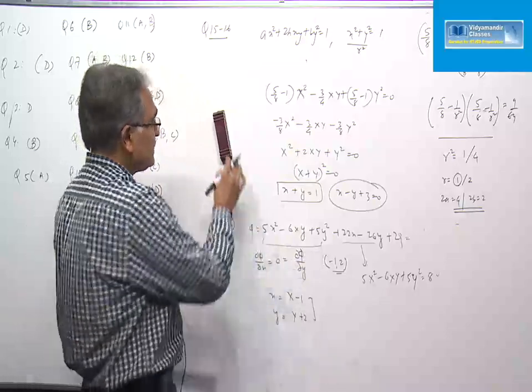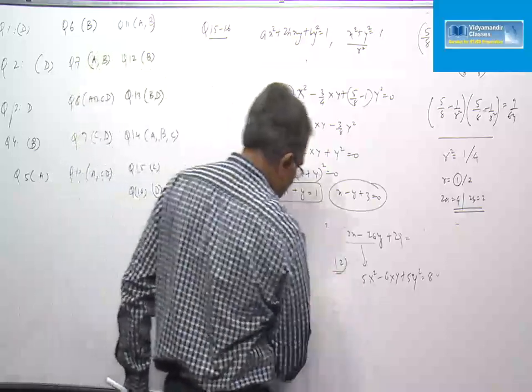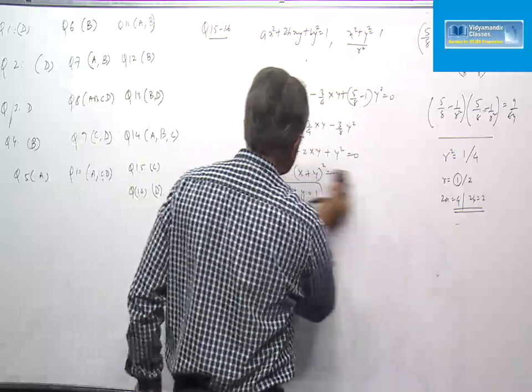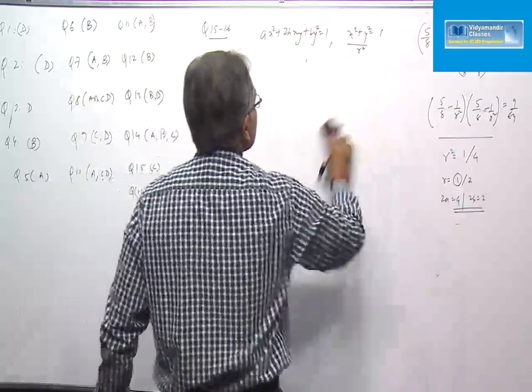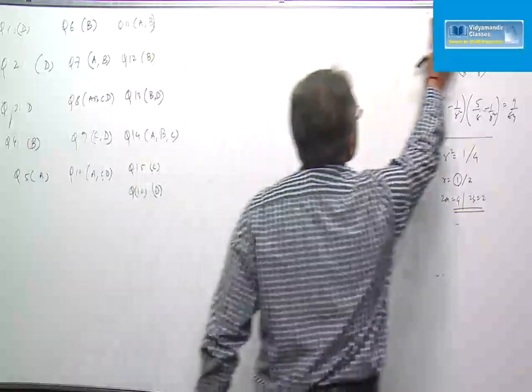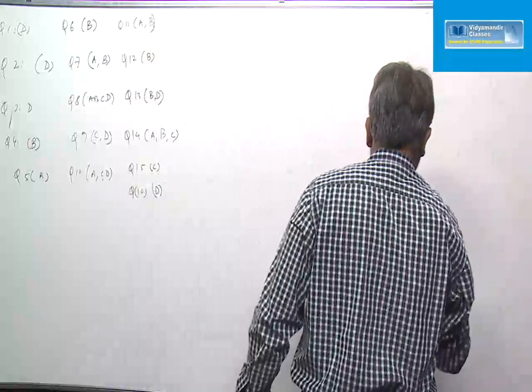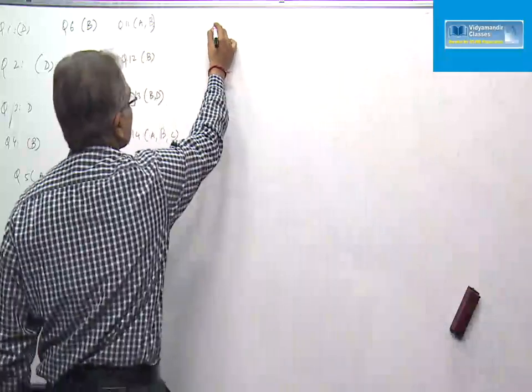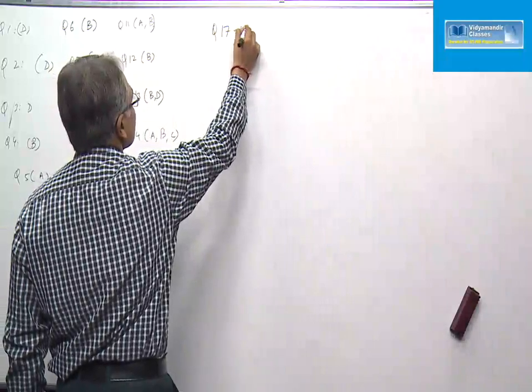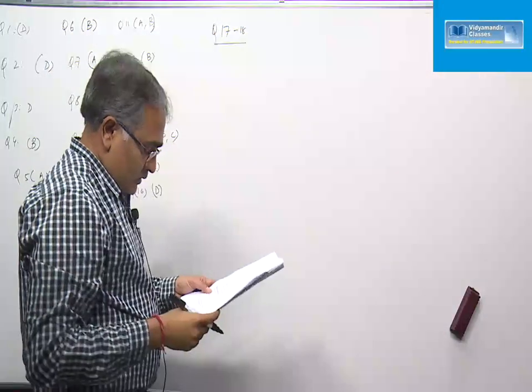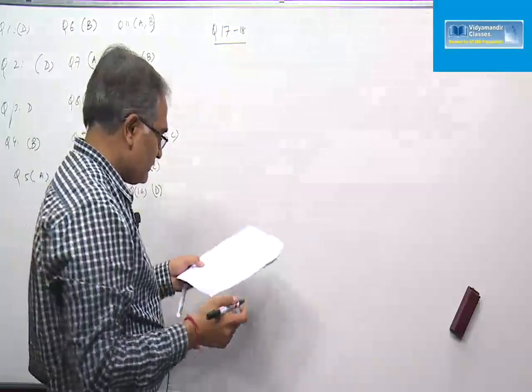Let's come to passage number 2, question number 17 and 18. It is a simpler one.